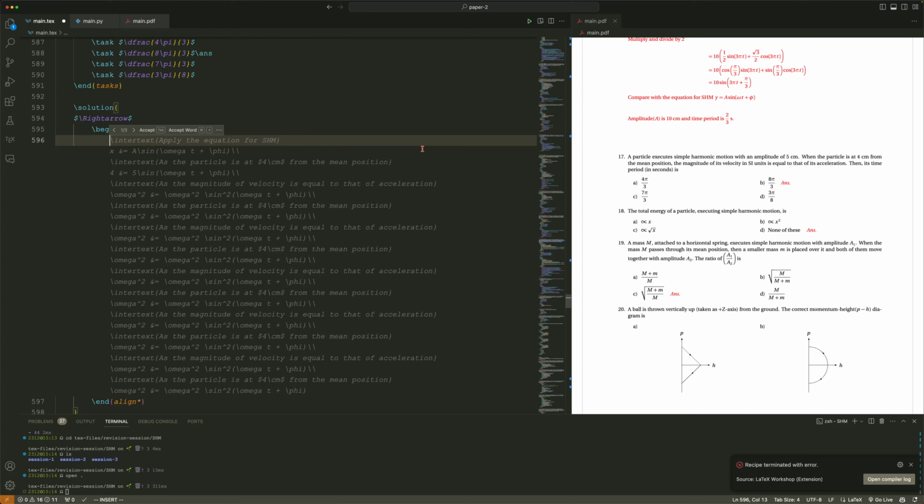Velocity, no, as the particle is at 4 from the mean position, the magnitude of velocity, which is omega square... not omega square. Let's complete it line by line.